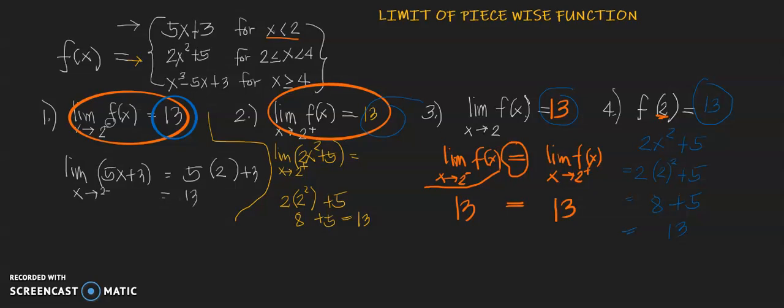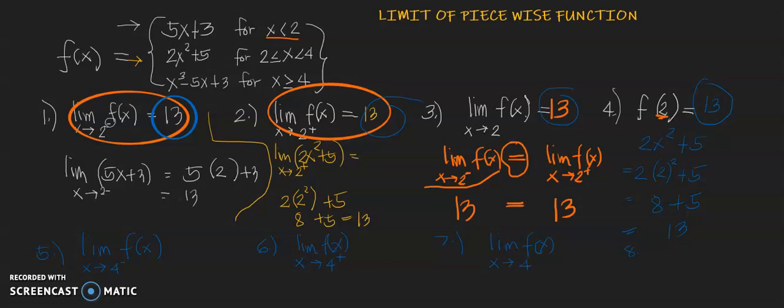Number 5: what is the limit of f of x as x approaches 4 from the negative side? Number 6: the limit of f of x as x approaches 4 from the positive side. Number 7: what about the limit of f of x as x approaches 4?